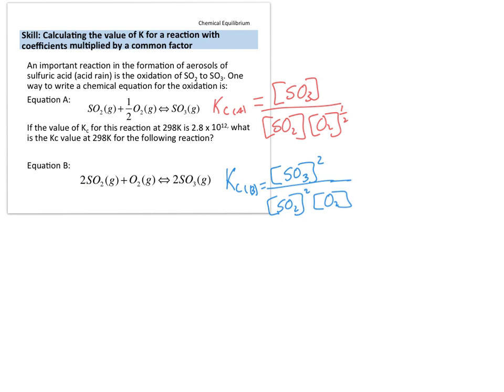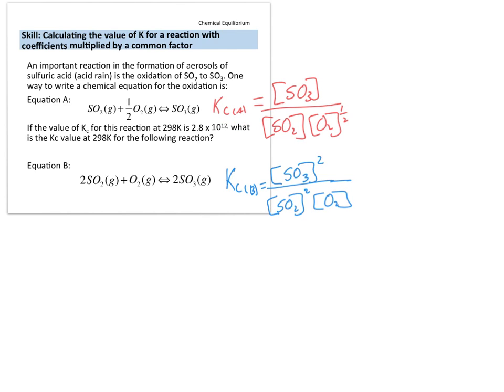However, when you look at the Kc value of B, you see a common factor of 2, but it's not that we are multiplying the Kc expression by 2. The Kc expression for A is not doubled.